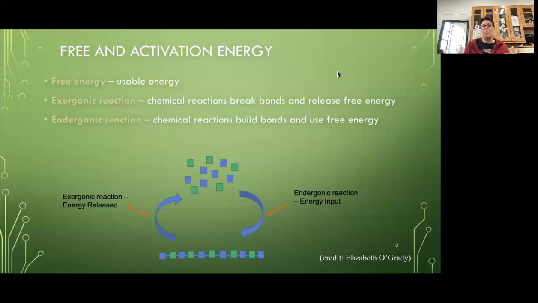So lots of times we do what's called coupled reactions, where we will use the energy released from one reaction to do the endergonic. So the exergonic reactions are used to be able to do the endergonic reactions.